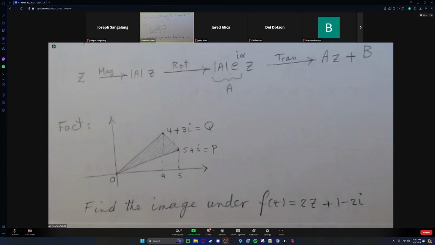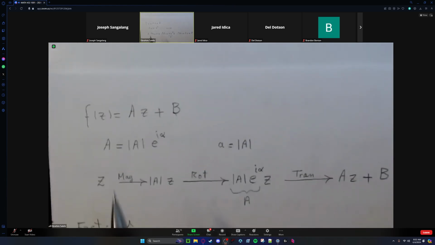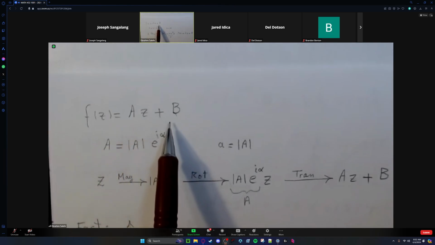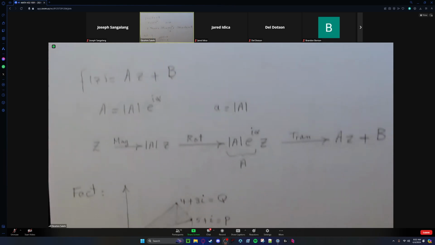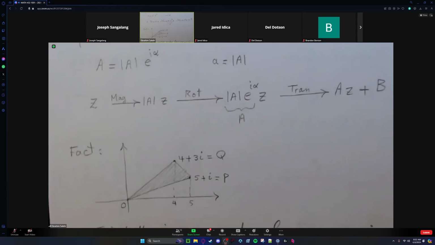But there is a fact involved here. Whenever we apply a linear function, the lines will be mapped onto lines. So a line cannot be a curve, it's a line.